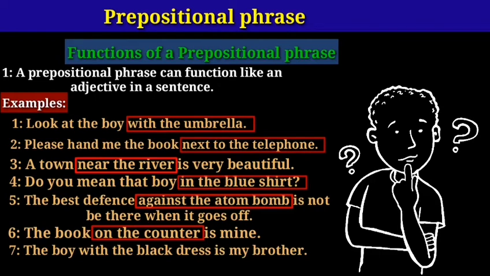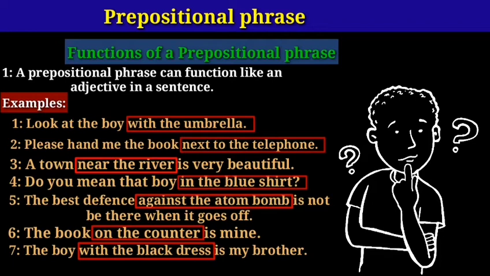The boy with the black dress is my brother. Which one is my brother? With the black dress. Now I'm not talking about the boy with the white dress, but I'm talking about the boy with the black dress. So here with the black dress is a prepositional phrase because it starts with a preposition and there is no subject-verb combination, and it is a group of words, but here it modifies the boy.